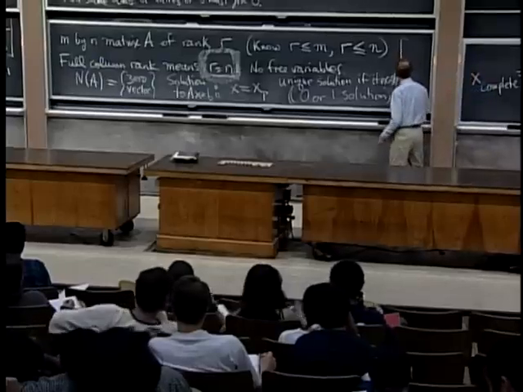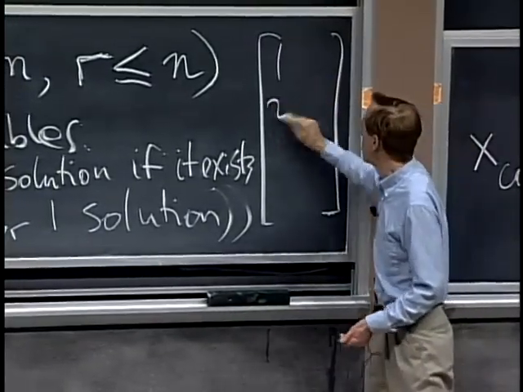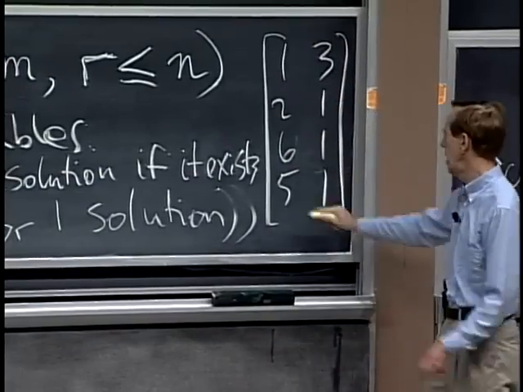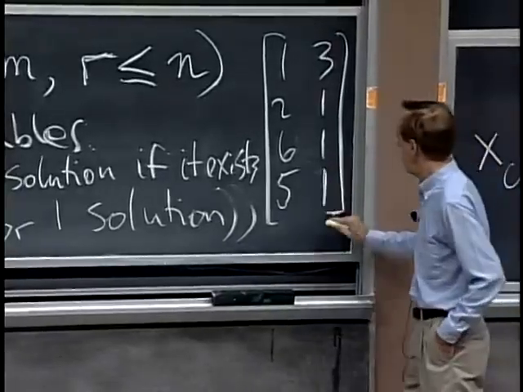Here's an example: 1, 2, 6, 5, 3, 1, 1, 1. Brilliant example. Okay. So there's a matrix A.